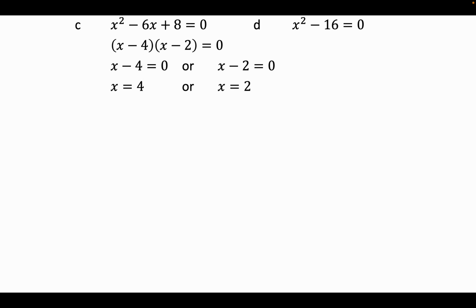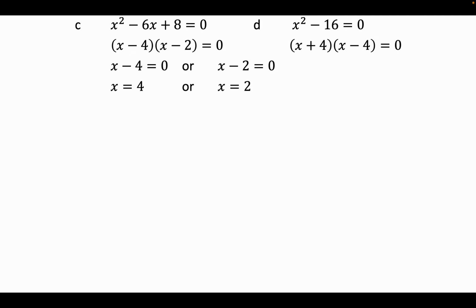D might look a little different at first glance, but it is still factoring. This is just specifically a difference of squares. Hopefully that was easy enough to recognize. X squared minus 16 would factor into x plus 4 and x minus 4. Because it is an equation, it's x plus 4, x minus 4 equals 0.